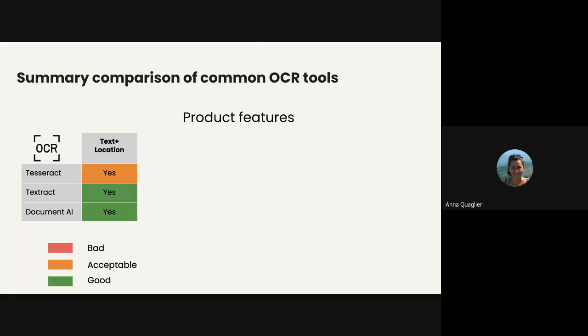As for the quality, I put red for bad, acceptable, or good. I found that Tesseract, the way in which it provides the output, maybe because it's the one that I use the least, I found less intuitive, less clear, or less complete than the other two. But it still will give you both text and location.